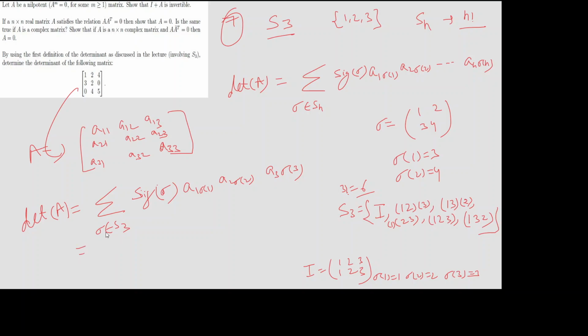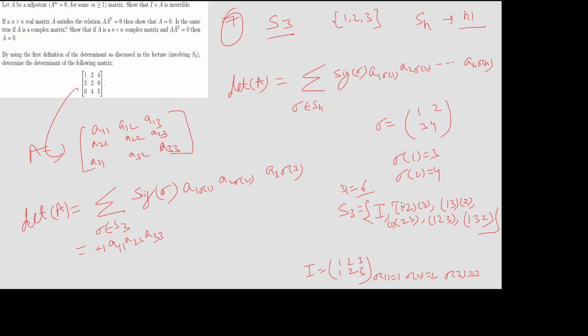So we can write the first one as I, the identity, which is always an even permutation, so plus 1, times A1 sigma 1 is 1, A2 sigma 2 is 2, A3 sigma 3 is 3.